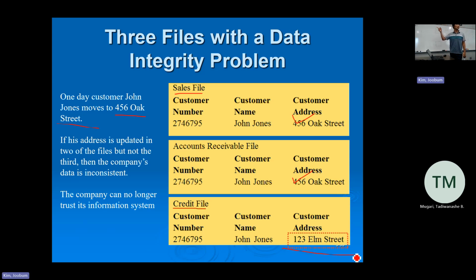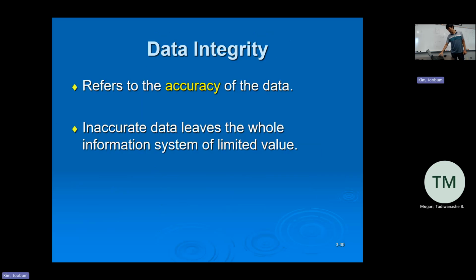We cannot trust this system. Depending on which file we access, here and here will have a different result, different output. That means we cannot trust that system. So it is related to the accuracy, integrity. Okay.